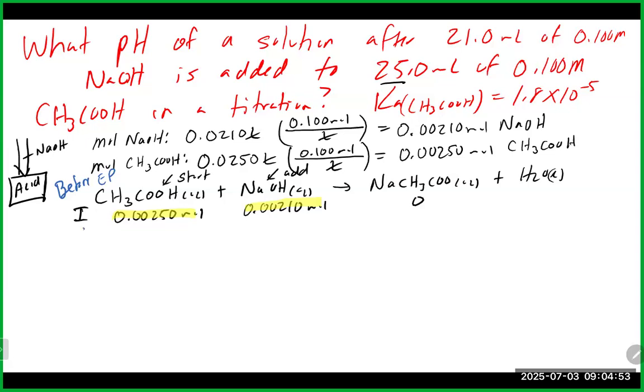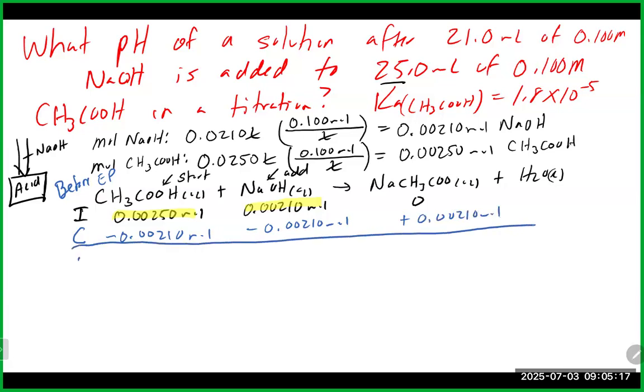So let's see if that is the case here. Because we're before the equivalence point, the sodium hydroxide that we're adding is going to be the limiting reagent and get used up here. So we're going to go with that as our change. And again, remember, it should always be the smallest number there, so you do not get any negative numbers. That is going to get us here at equilibrium.